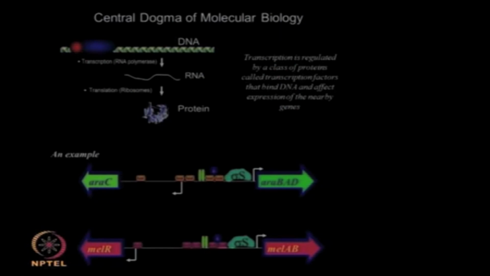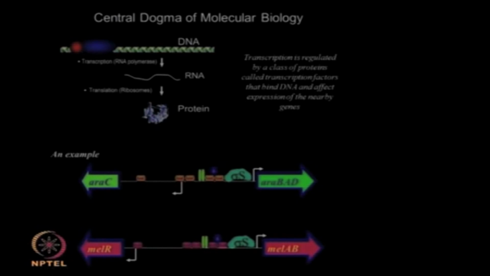According to the central dogma of molecular biology, DNA gives rise to RNA through the process of transcription, and this process is facilitated by the binding of the RNA polymerase as well as a number of other transcription factors which bind to the upstream regions of the DNA, as you can see, and control the expression.